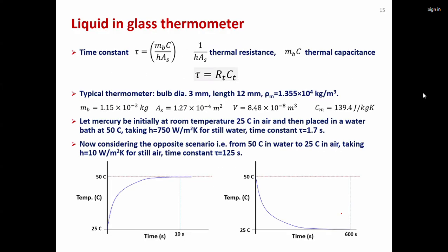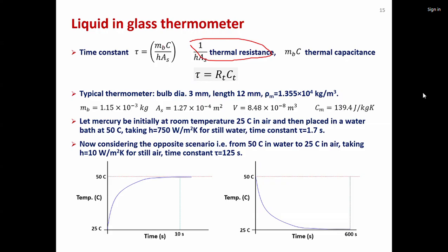So you can define this time constant, as we said, as m c over h A s. When we studied the electrical circuit, this time constant is basically resistance times capacitance. Here, 1 over h A s, that is 1 divided by the heat transfer coefficient times the surface area, is known as thermal resistance.